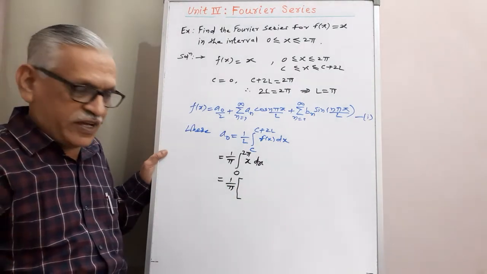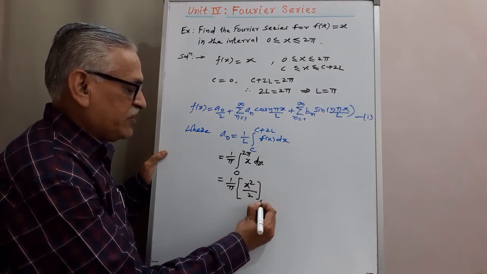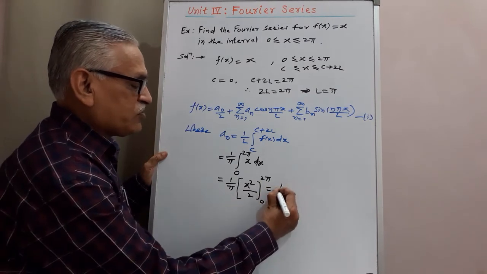Integrating x with respect to x, we get x square by 2, limits from 0 to 2 pi, with 1 by 2 pi as a constant outside.